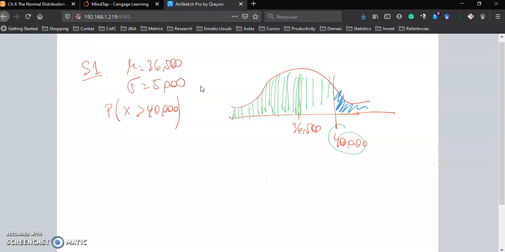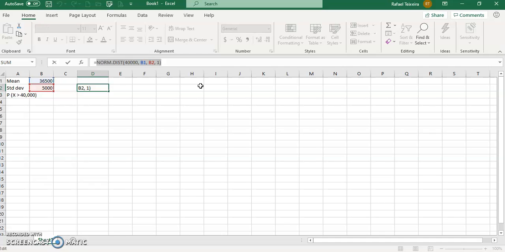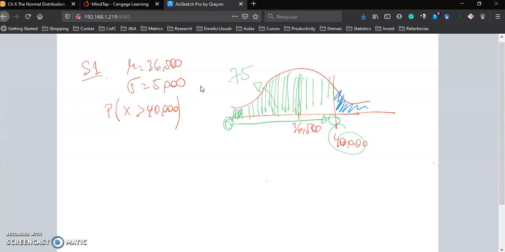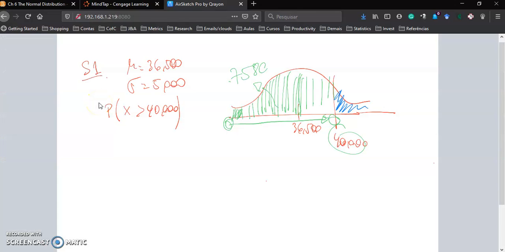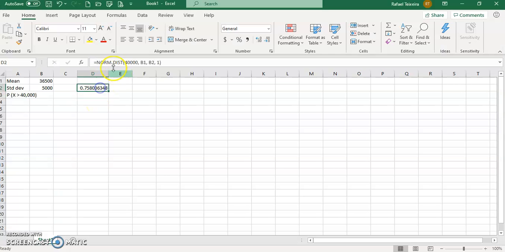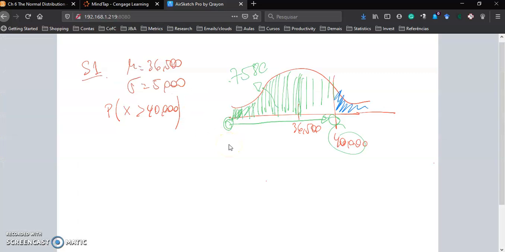It computes the cumulative probability from the lower tail up to the point we used in Excel. So this is 0.7580. When you type the formula like this, Excel gives you the cumulative probability from the lower tail until any point you choose.